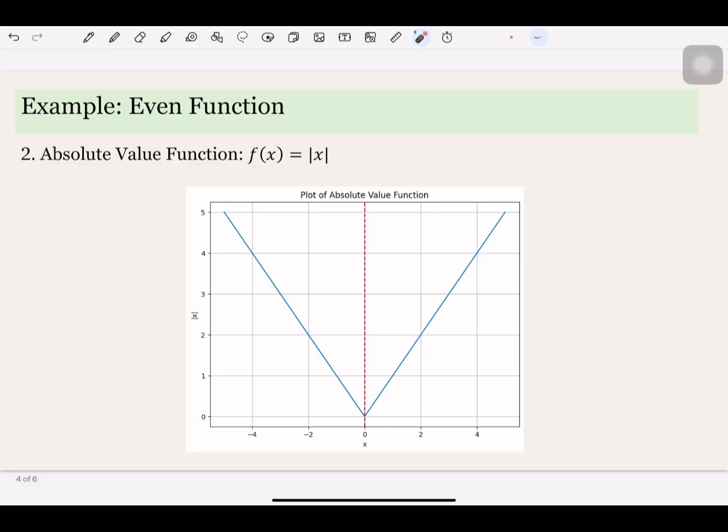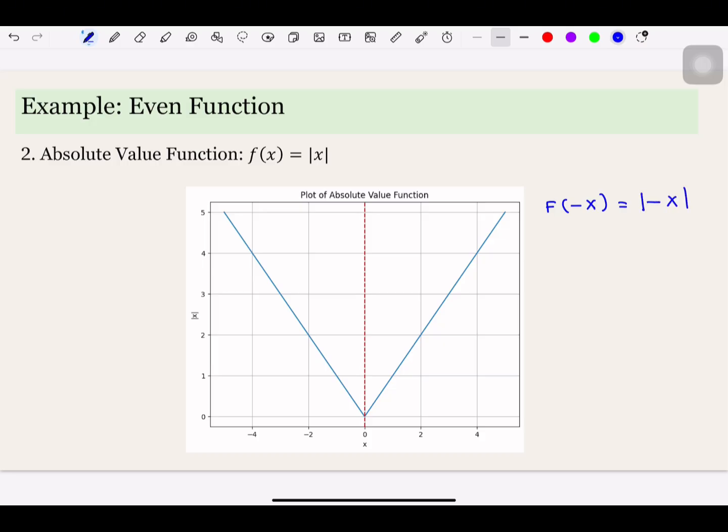Okay, so next we have the absolute value function, f of x equals absolute value of x. We want to determine whether it is even, odd or neither. To check whether it's even, we will use the definition. Let's start with f of negative x. f of x is absolute value of x, so to get f of negative x, you replace x by negative x.